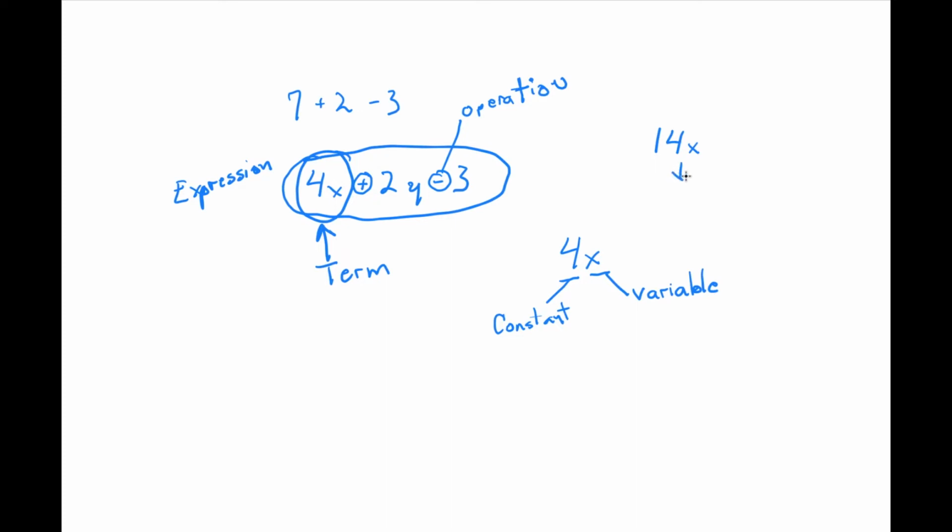That's still going to translate to 14 times x. It is not 1 times 4 times x. The whole thing is a constant. Okay, we see it as the number 14, not 1 times 4 times x, but 14 times x. So it's not this, it's this.